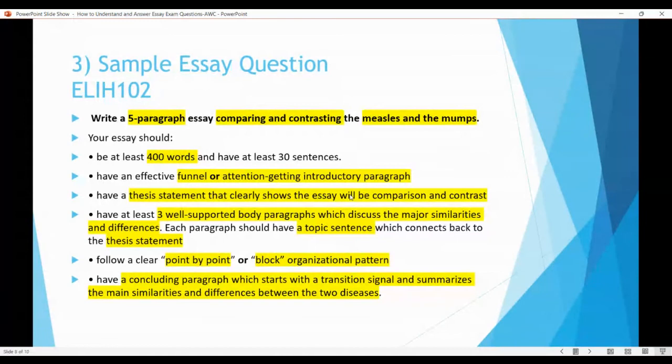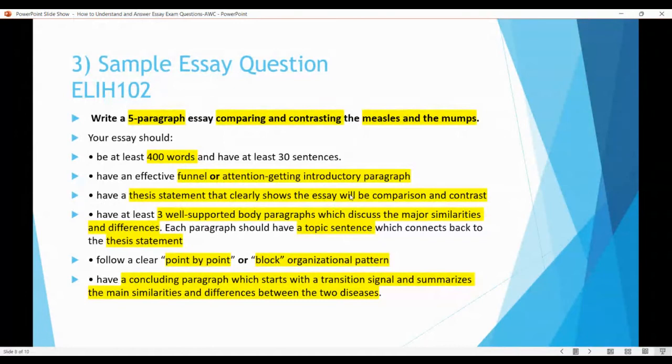On what basis do you decide? For example, if you see there are few similarities between measles and mumps, and 1 paragraph is sufficient in the body, then you write just 1 body paragraph. But if you think there are a lot of differences between measles and mumps, then you can write in 2 paragraphs. So if you have more information about differences, use 2 paragraphs.